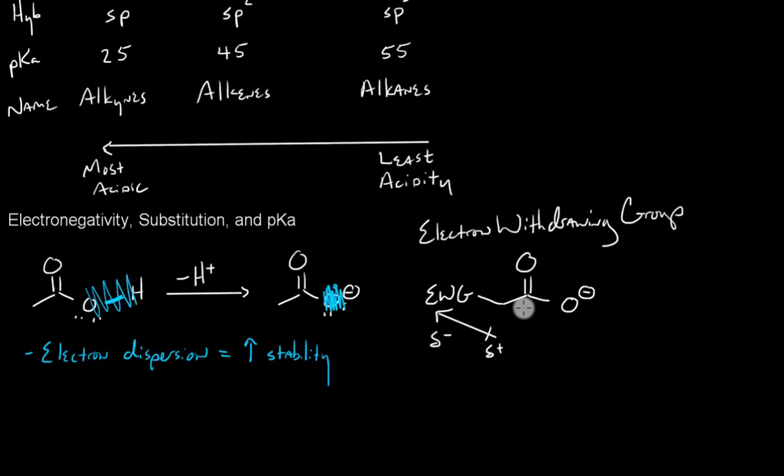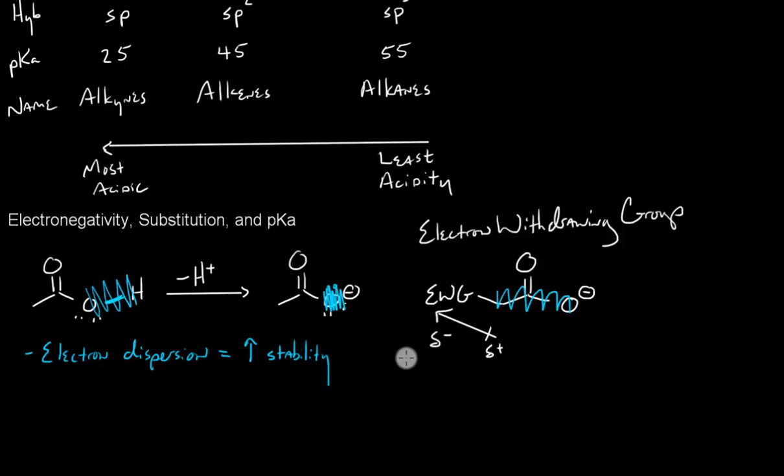If you compare the electrons in this molecule and this molecule, you can envision the EWG pulling the electron density that was localized on this oxygen more towards the EWG. So instead of having a very big clump of electrons around the oxygen, you can imagine them as a little bit more dispersed again.